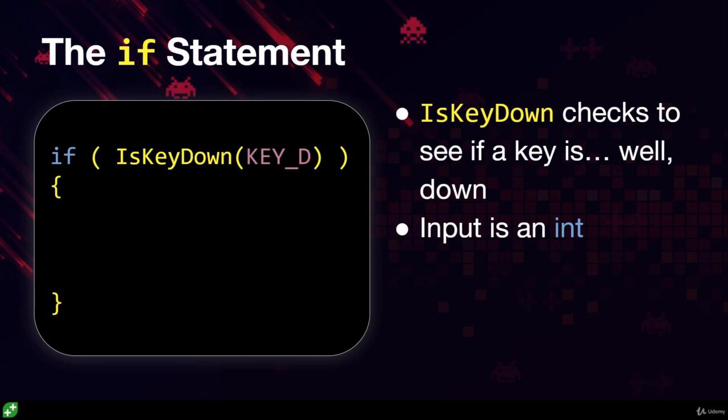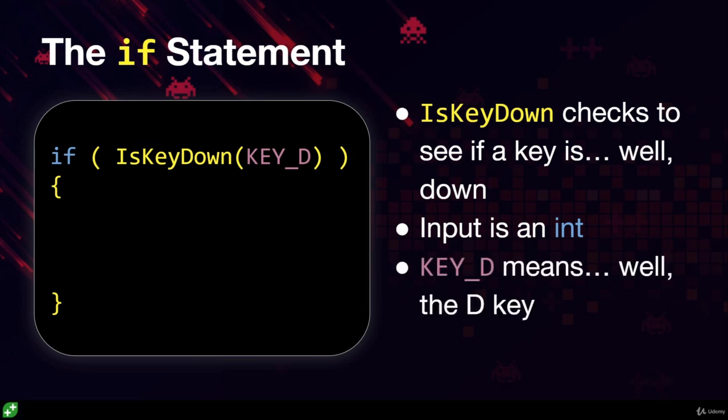Well, just like raylib has a bunch of variables for each color, it also has a bunch of variables for the different keys on the keyboard. These variables just magically work with functions that expect a key, such as the isKeyDown function. If we want the D key, then we can use the variable KEY_D in all caps. So let's go back into VS Code and I'll show you how we can use the isKeyDown function to move our circle.